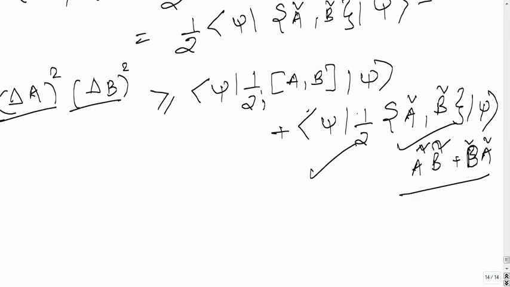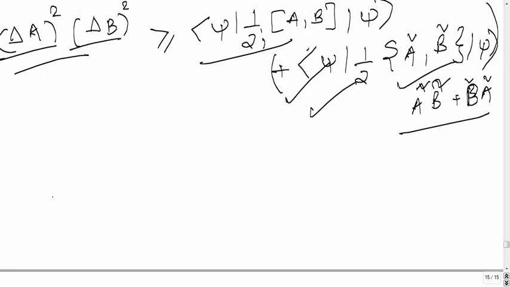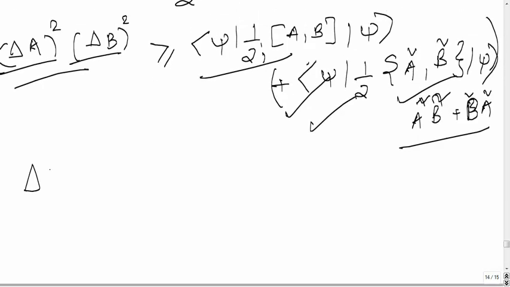This can be dropped, and yet this side would be greater than this side. The inequality is preserved. So the net uncertainty inequality between any two Hermitian operators A and B can be written in a very simple form like this.